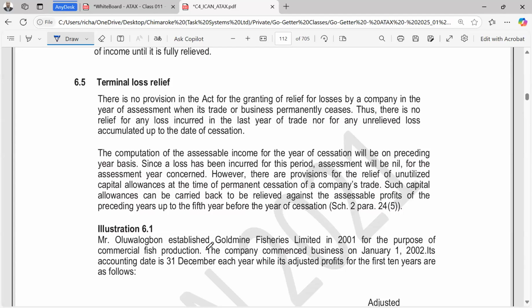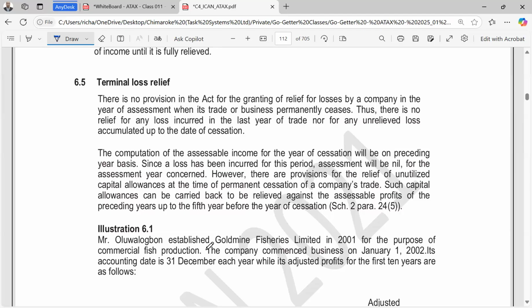Why will you do that? Because capital allowances, as the younger brother, have a chance of being rolled backward. Losses, as the elder brother, do not have that chance.